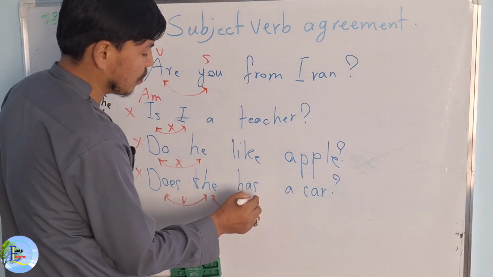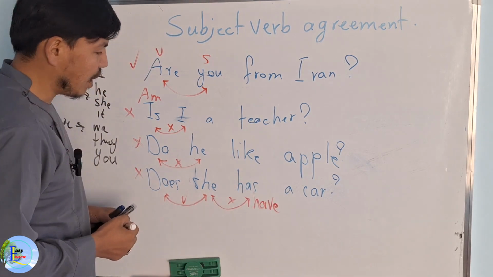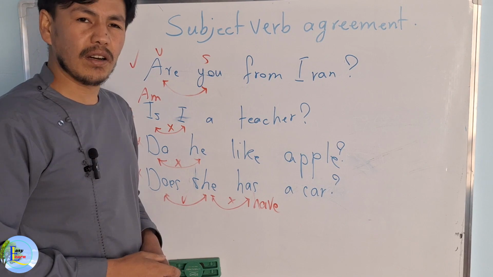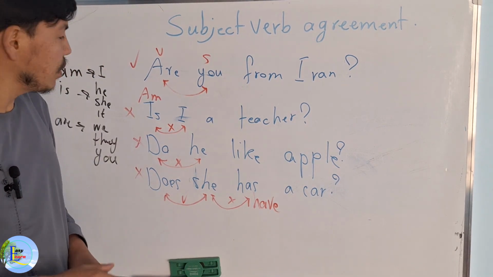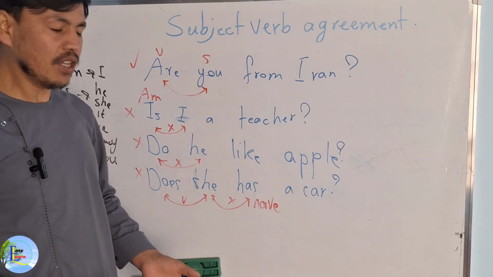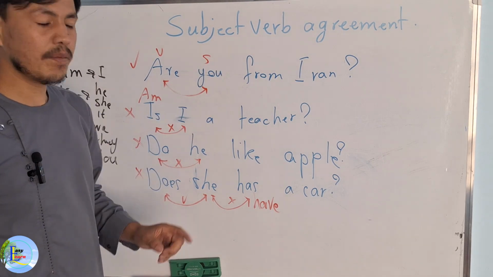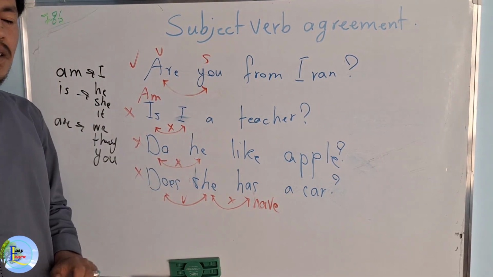So instead I should write have. Okay. Does she have a car? Yes, she does. Or no, she doesn't. So good. These are some examples. When you write questions, also you should consider the subject-verb agreement points in your sentences.